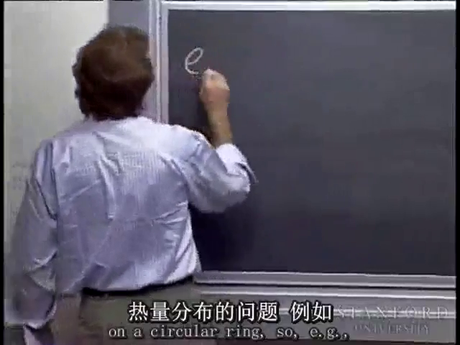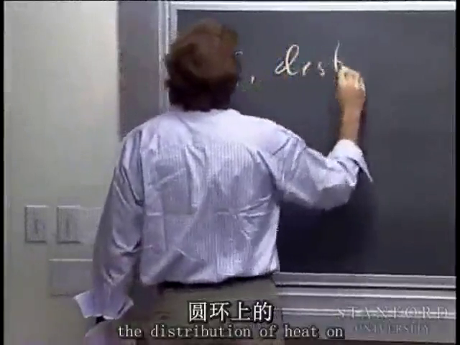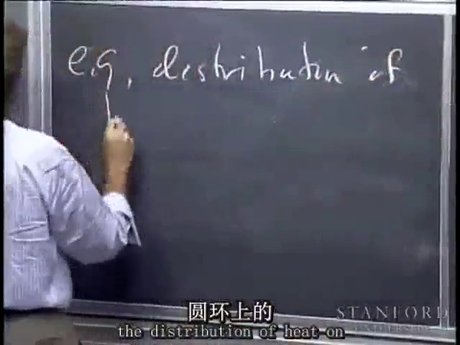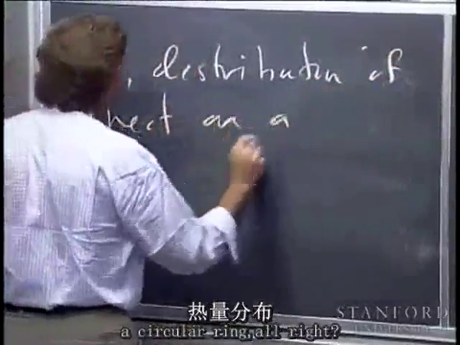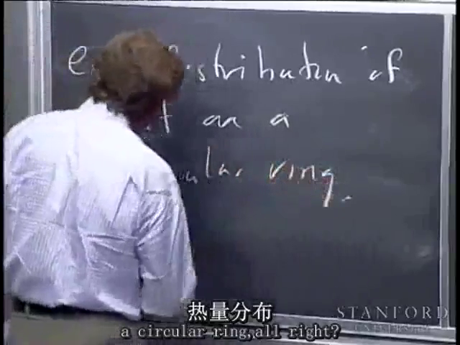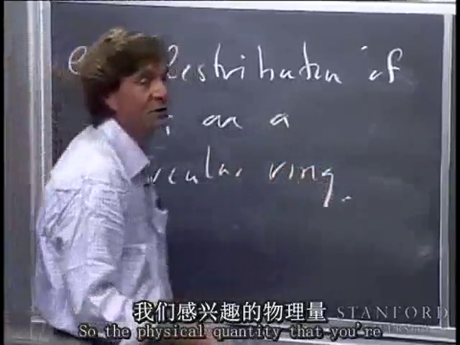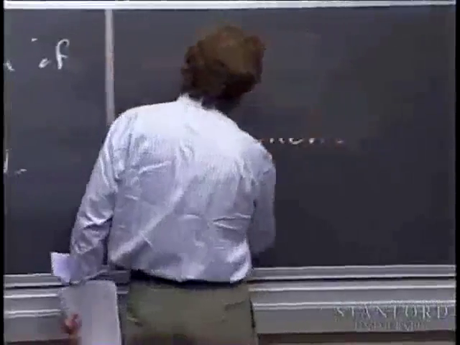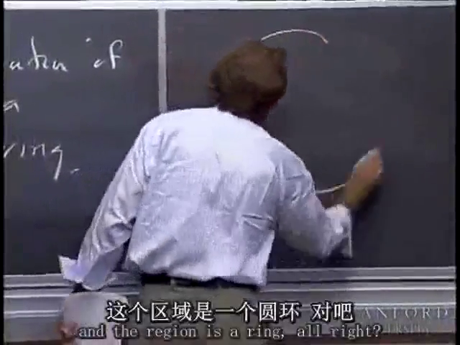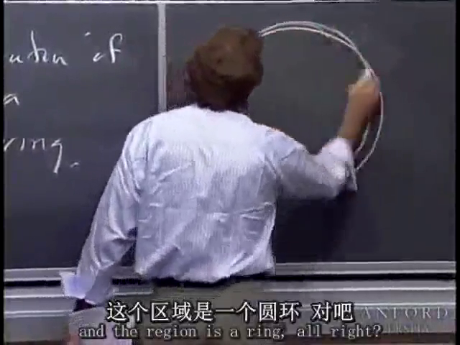So, for example, the distribution of heat on a circular ring. All right, so the physical quantity that you're interested in is the temperature, but it's a temperature associated with a certain region, and the region is a ring.